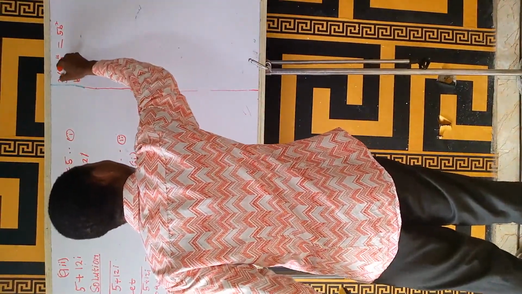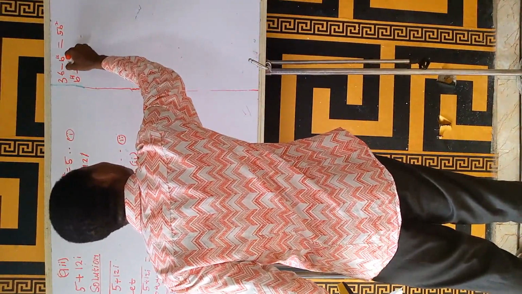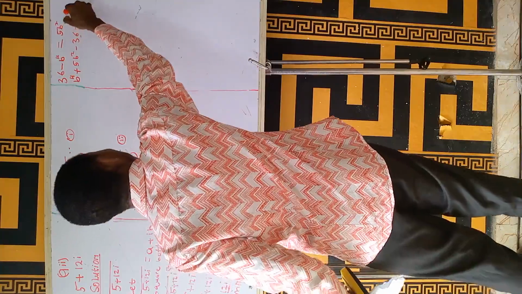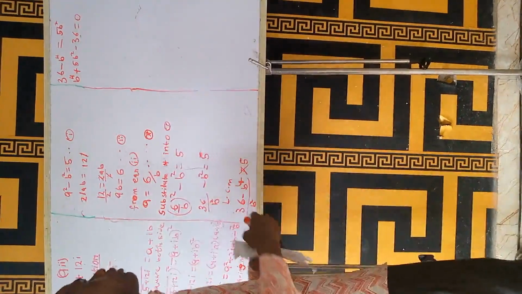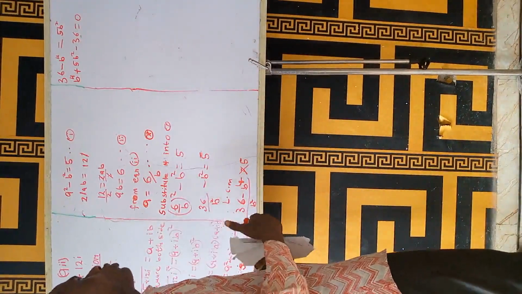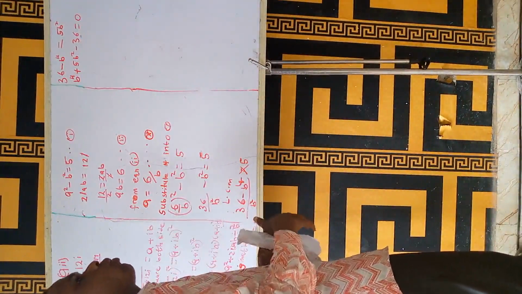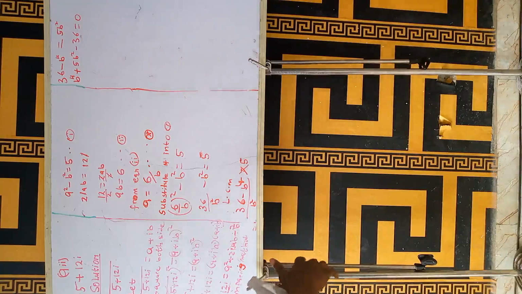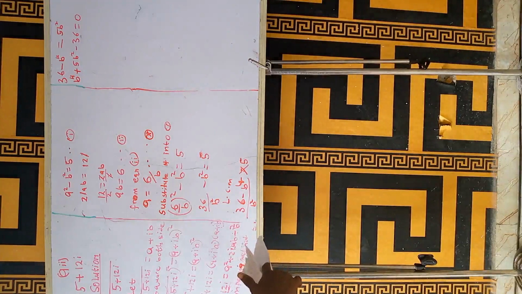I'll have b to the 4 plus 5b squared minus 36 equals 0. And now I will look for what I can multiply together that will give me 36, and what I can add together that will give me 5b squared.